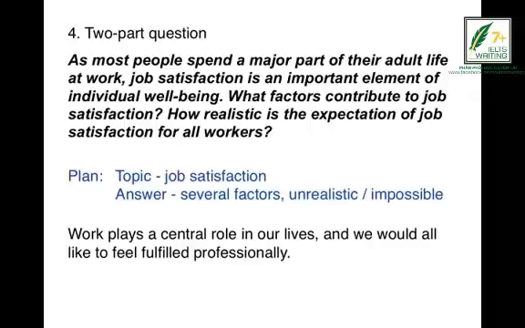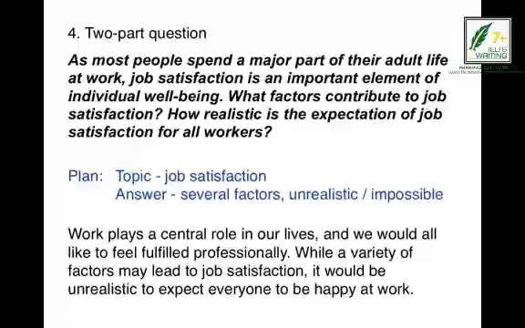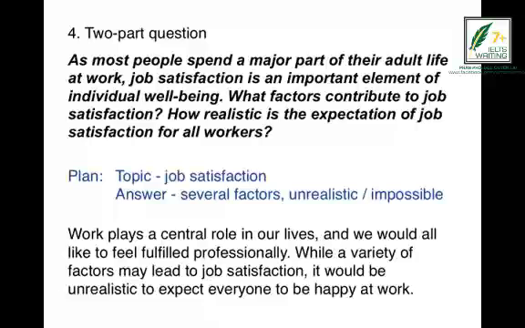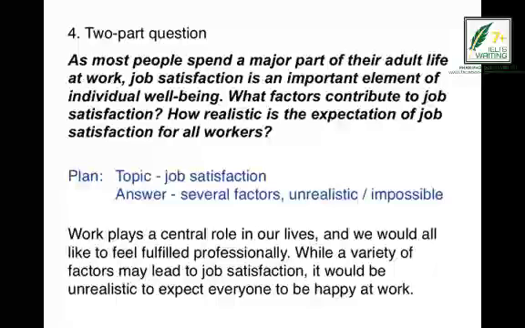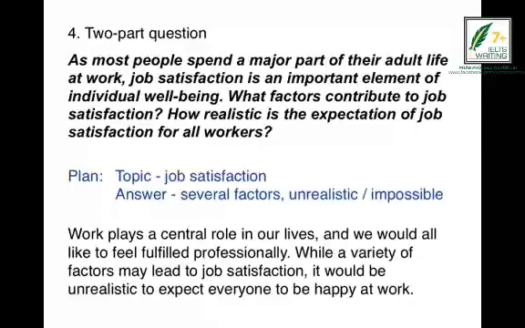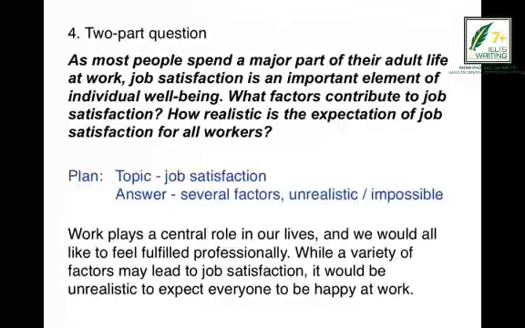So that's the topic. Now we need to answer the question. We need to cover those two questions. While a variety of factors may lead to job satisfaction, it would be unrealistic to expect everyone to be happy at work. Again, I'm using my favorite word, while, to introduce a sentence that has two elements. Firstly, the first question about the factors, and I've said a variety of factors may lead to job satisfaction.